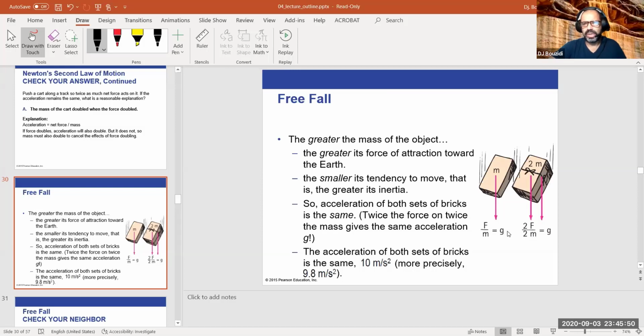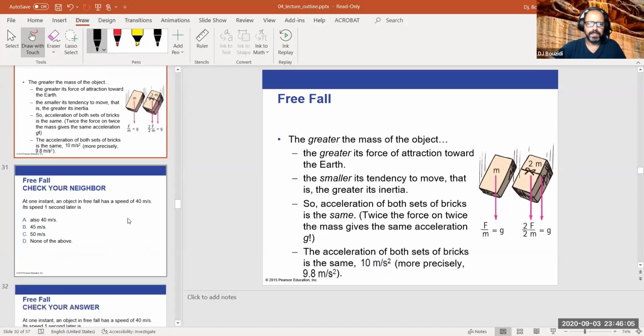So the object should land on the ground the same way, provided he did the experiment on a day when the air was very calm and very little friction. Then you can see that they will drop at almost the same point, because we still have friction to deal with if you're doing it in Pisa.